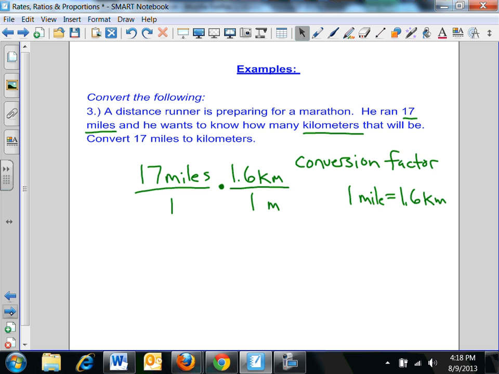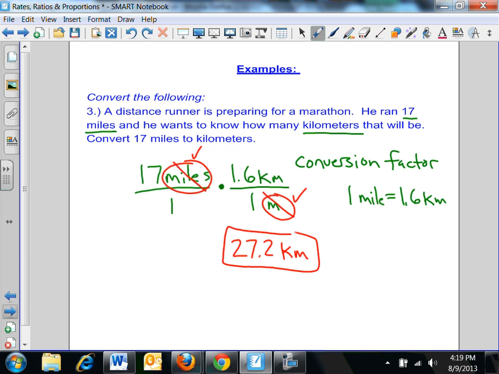Just so you know, the diagonal measurements always need to be the same. This is miles here, and this is miles here. So since they're the same, they will cancel out, and we want that to happen every time. 17 times 1.6 is 27.2 kilometers. And so we know that 17 miles is equal to 27.2 kilometers.